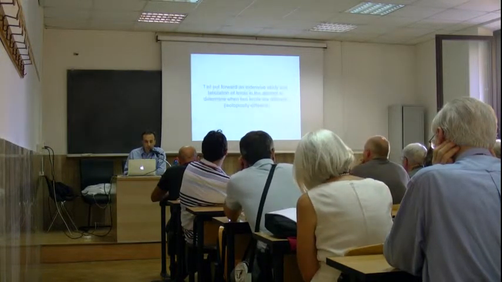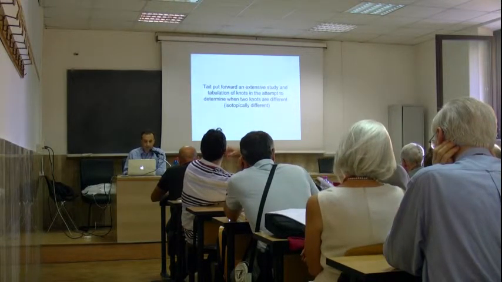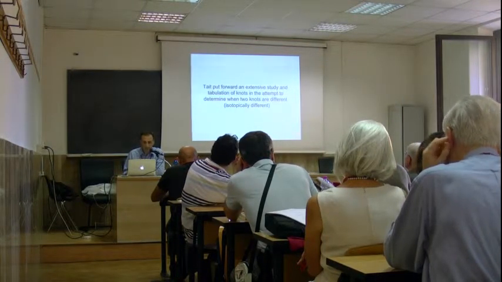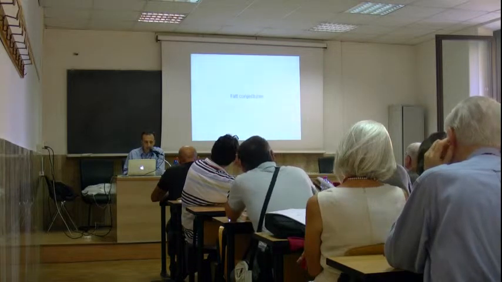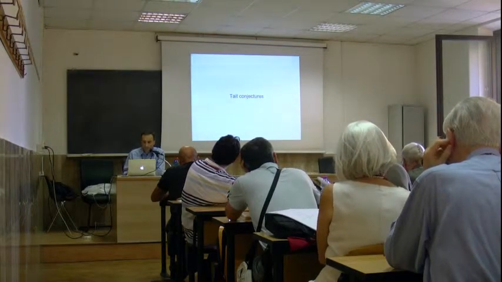And Tait put forward an extensive study and tabulation of knots in order to determine when two knots are different. That means isotopically different. His study ended up with the so-called Tait conjectures, which today have all been solved.